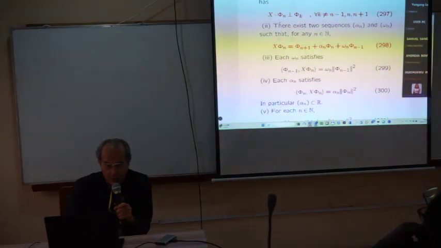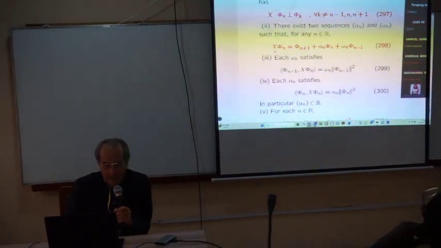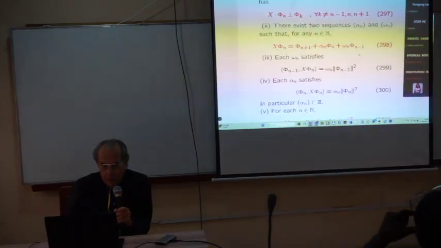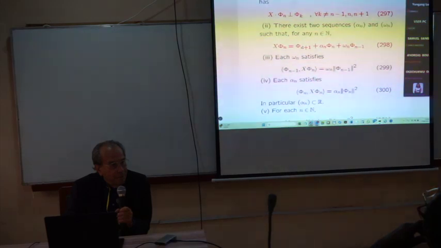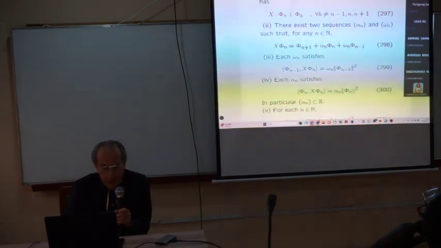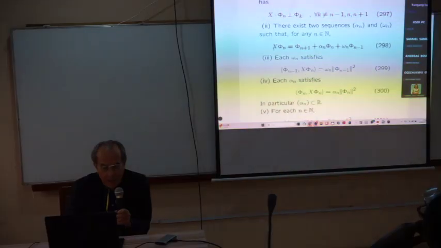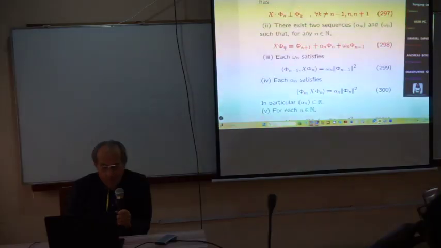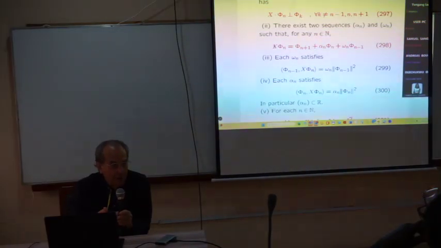From this relation, it follows that if I multiply x times phi n, I have a polynomial of this form. Look, phi n plus 1 is also monic. And so if I multiply a monic polynomial phi n by x, I still have a monic polynomial.